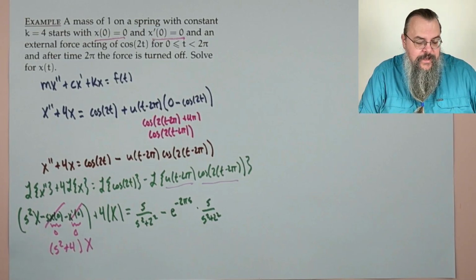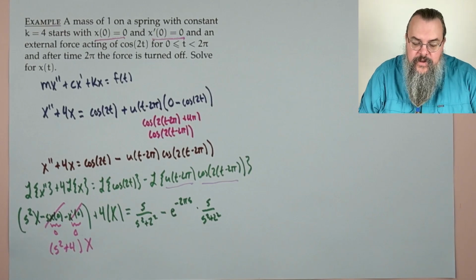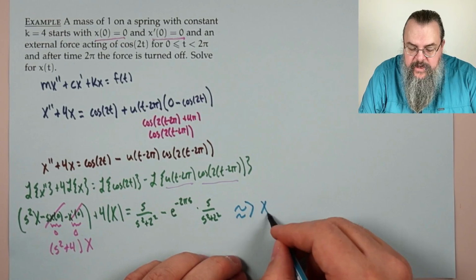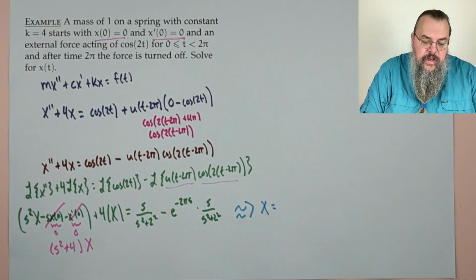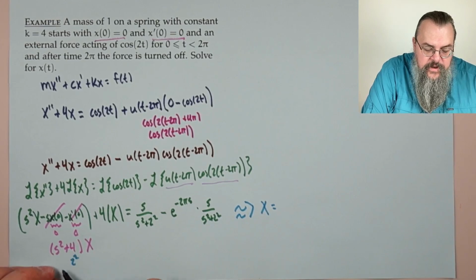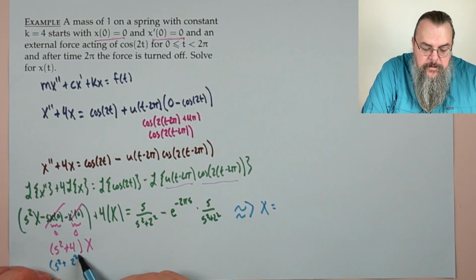And what do we get? Well, that tells us that we have capital X is equal to, and by the way, s squared plus 4 is the same as s squared plus 2 squared.